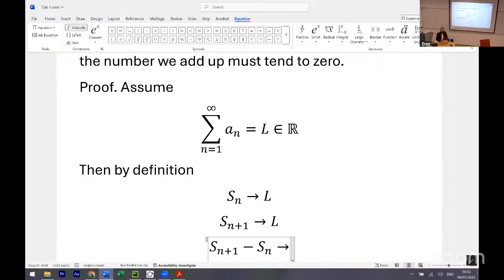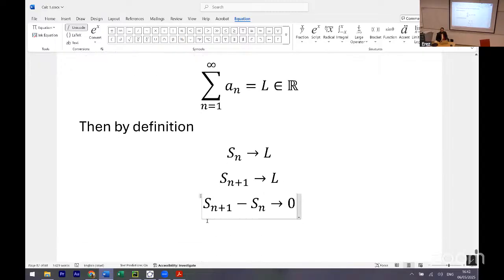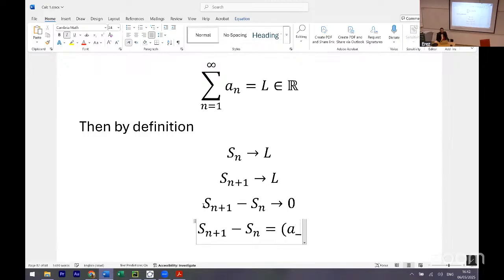It tends to 0, right? What is Sn plus 1 minus Sn? If you take the sum of the first n plus 1 numbers and you subtract the sum of the first n numbers, what do you get?